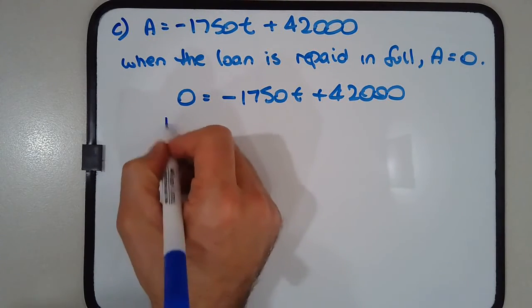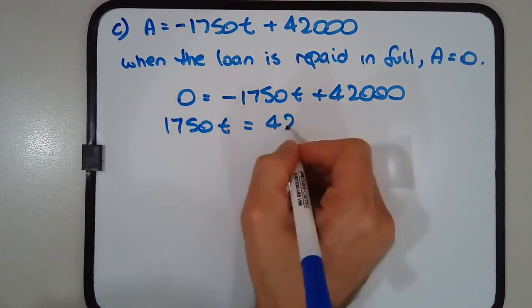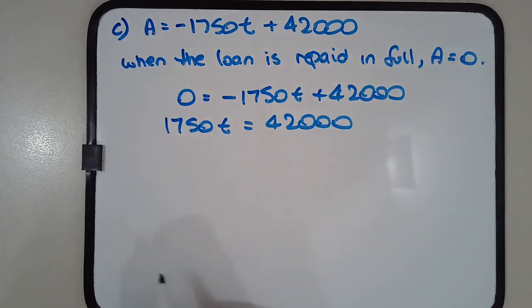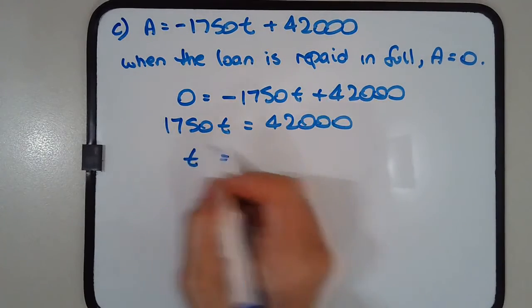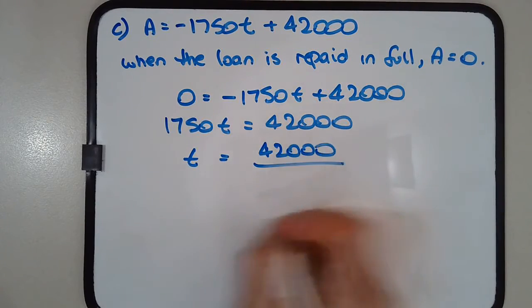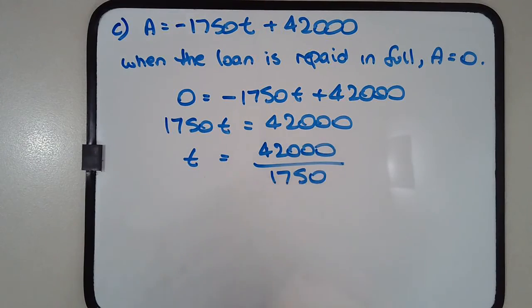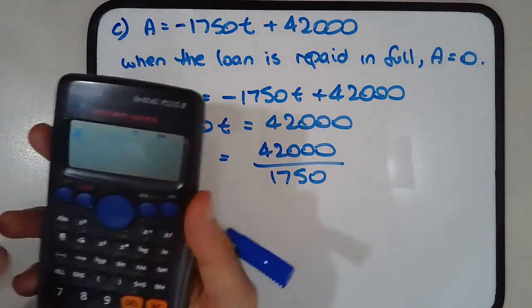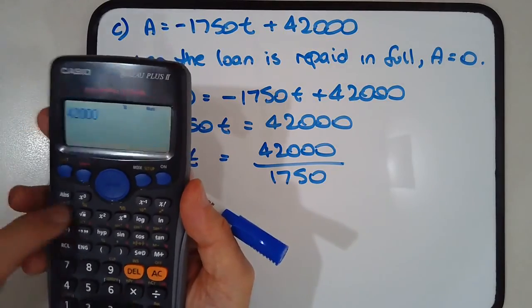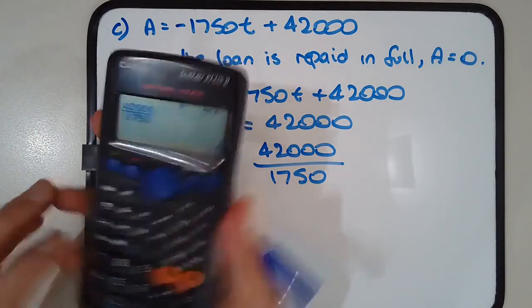It becomes positive. So 1750t is equal to 42,000. And we're going to divide both sides by 1750. So the net effect is that all we have to do is divide 42,000 by 1,750. So 42,000 over 1750, and we get 24.